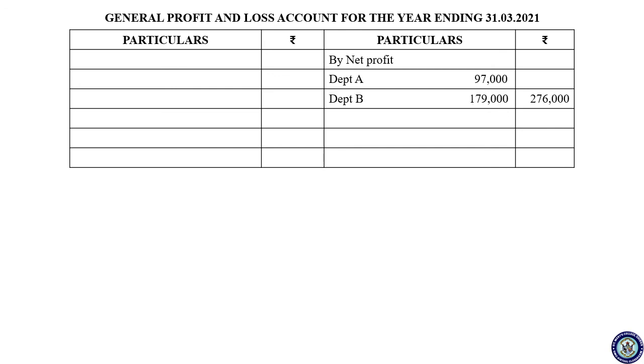So by net profit, department A, that is 97,000, and department B, it is 1,79,000. Okay, then you have to write the common expenses. You have to enter the common expenses, that is audit fees, general manager's salary, and other expenses.